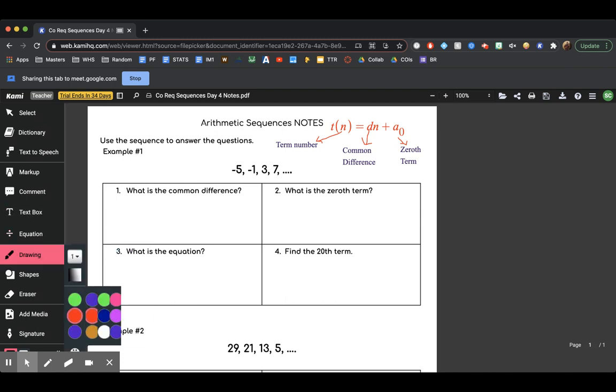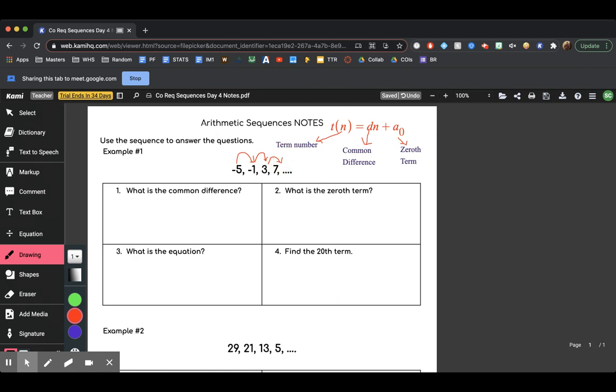And as you know, in order to find the common difference, we need to know what are we doing to go from -5 to -1. And same thing from -1 to 3. So what is happening here? Okay, so what is happening from one term to the next?